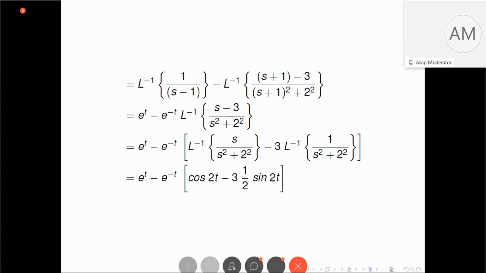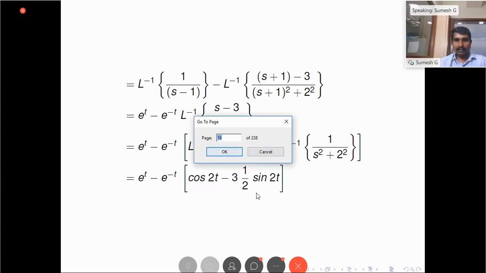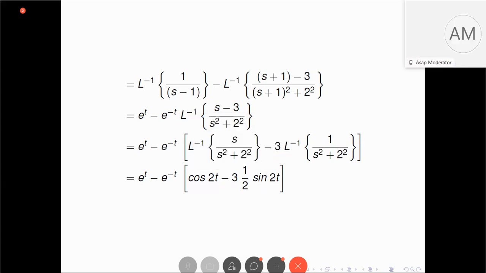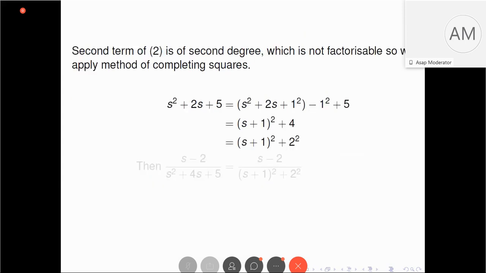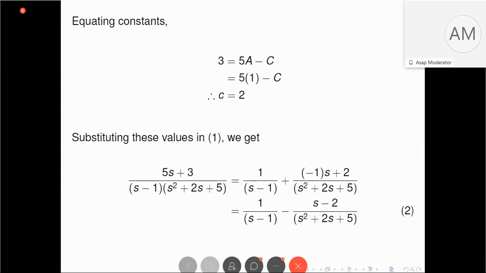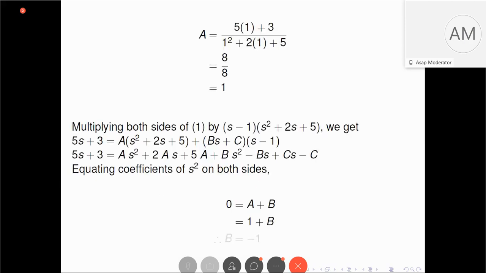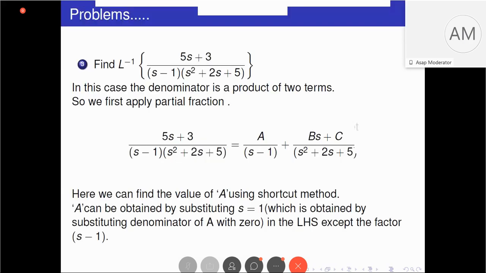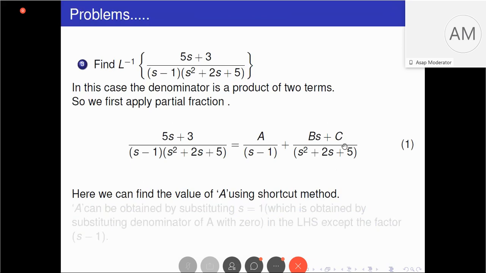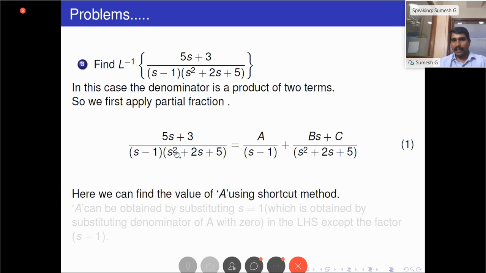Third question. This is by partial fraction. Okay, sir. We apply partial fraction.